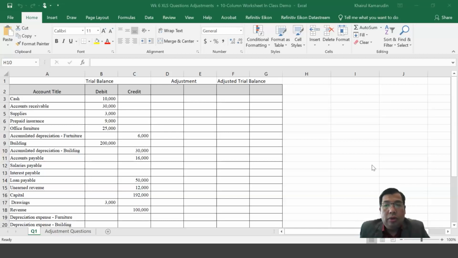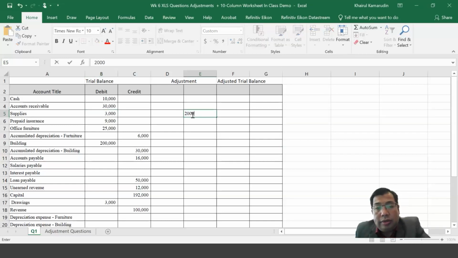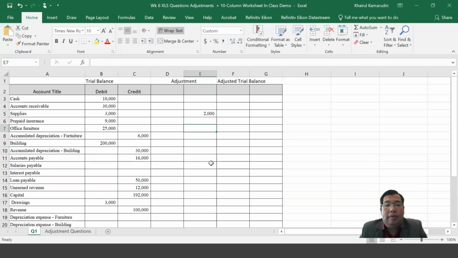So how are we going to do this? The supply here is 3,000. I'm going to reduce this by 2,000. This is debit, so to reduce, I credit here 2,000. So the new balance will be 1,000.